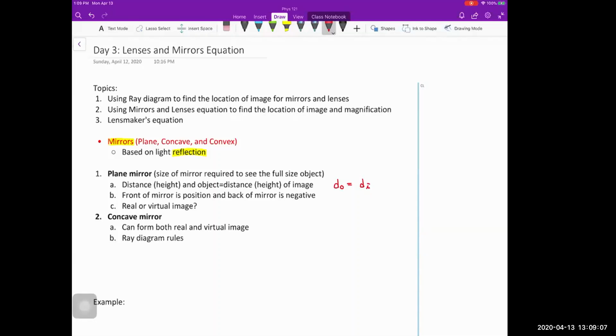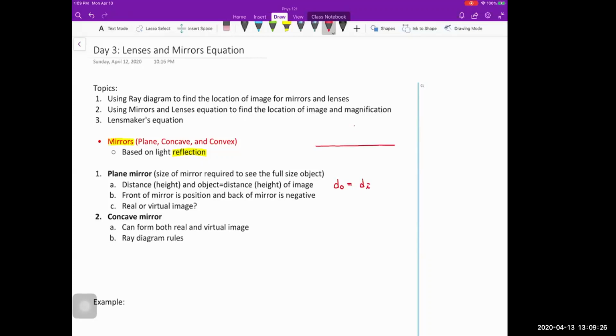If DO and DI are represented just in terms of the number, then the number is going to be the same. But if instead you put a sign on it, the meaning is like this.